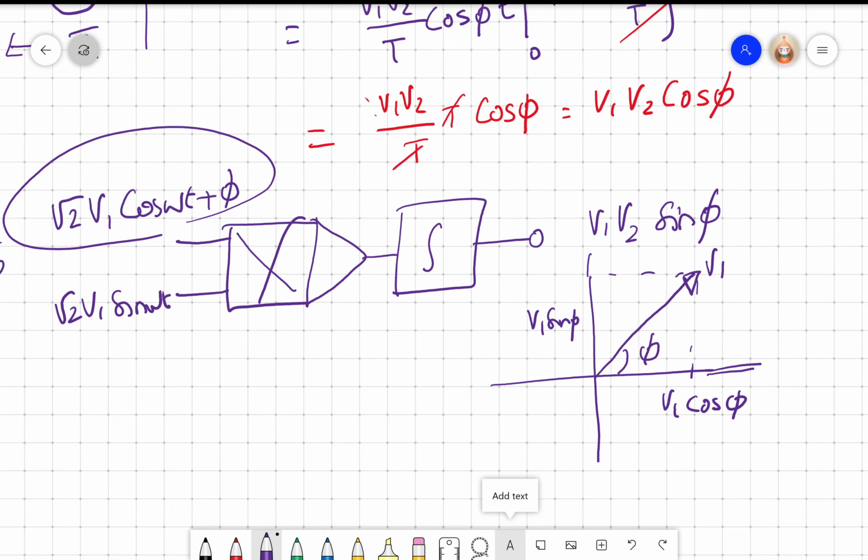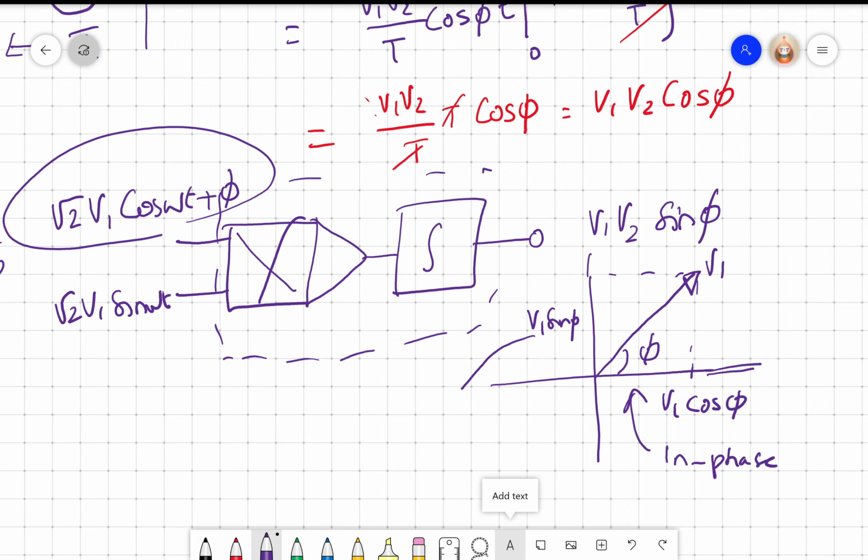So I look at this multiplier and integrator block. This functions as though it is resolving my phasor into two components which are at 90 degrees, and this component we call the in phase component because it's on the real axis.